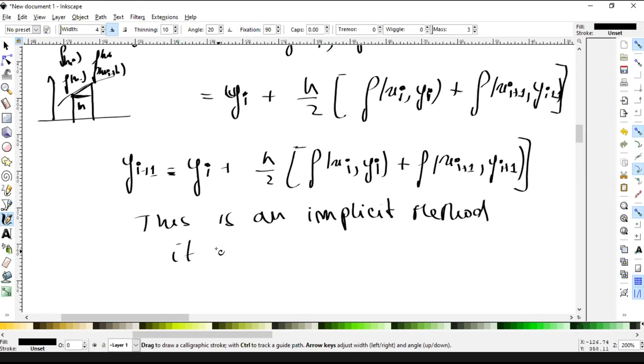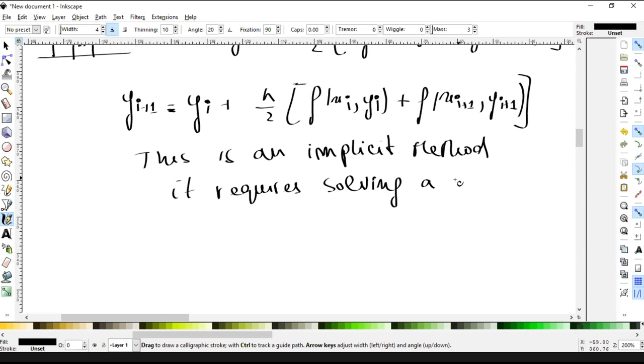It requires solving a non-linear equation, sorry.